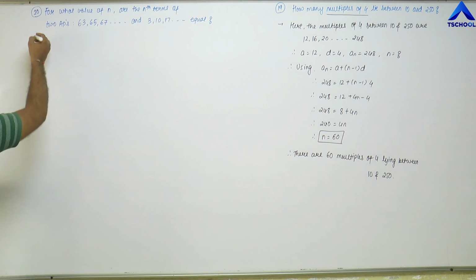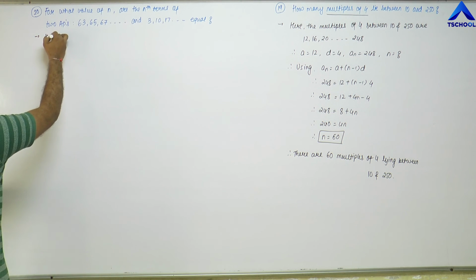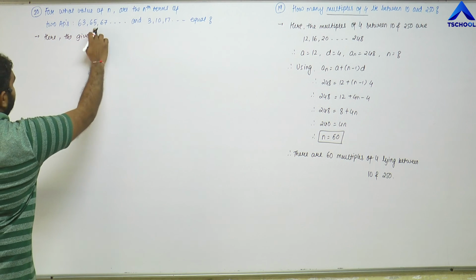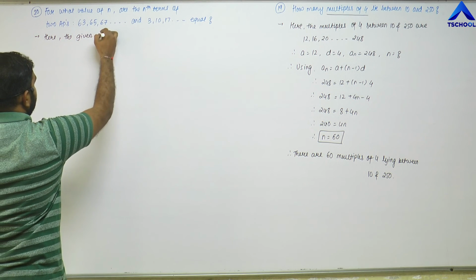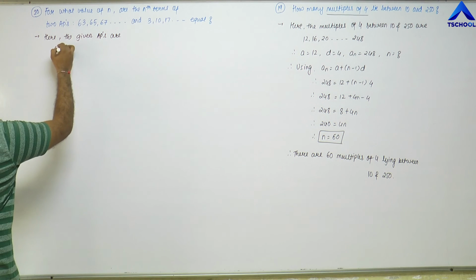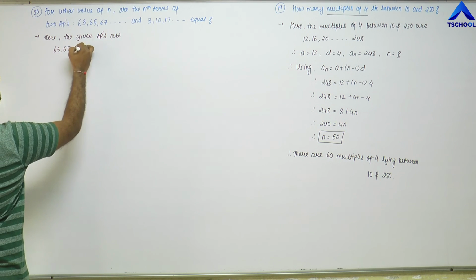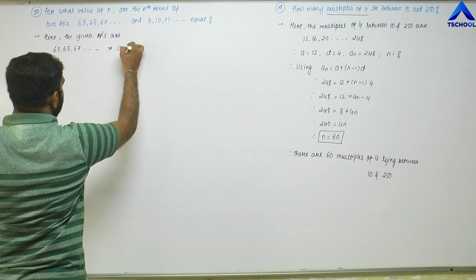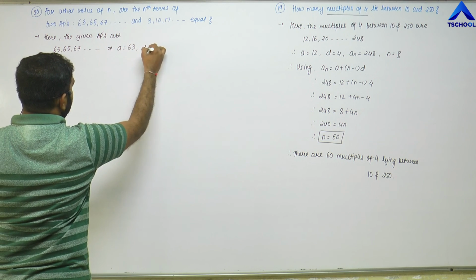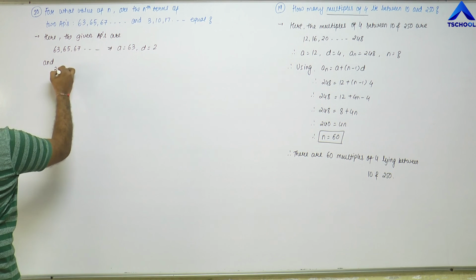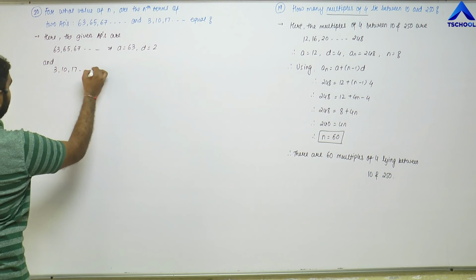Here, the given APs are 63, 65, 67 up to so on. So this will give me a is equal to 63 and d is equal to 2, and 3, 10, 17 up to so on.